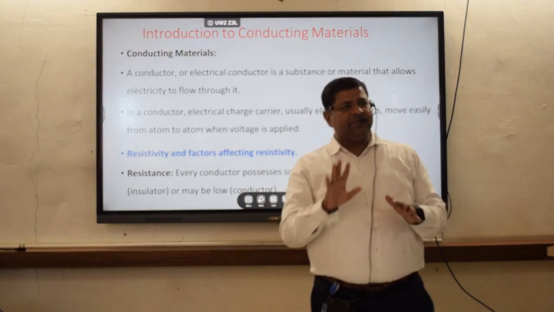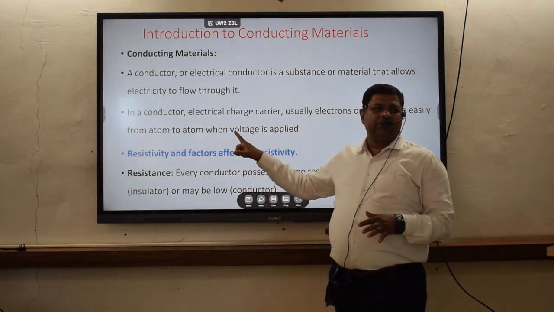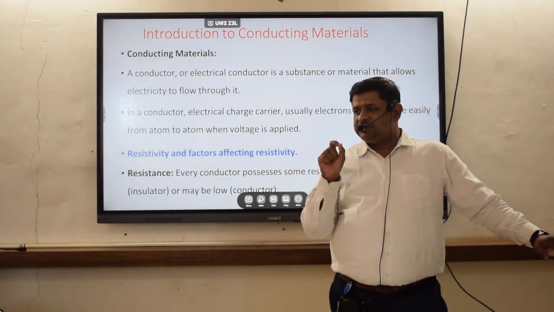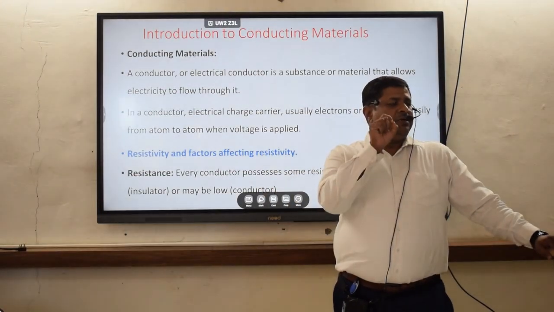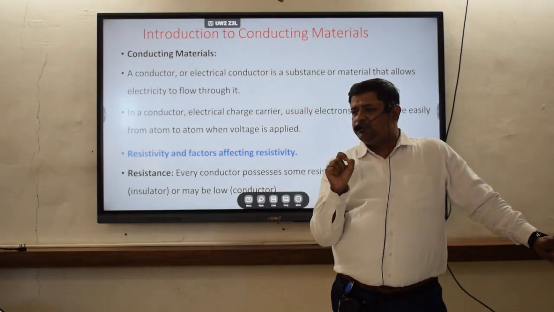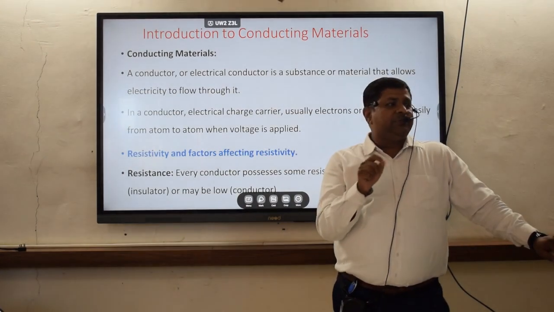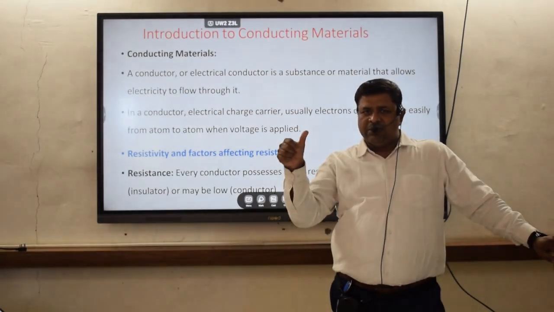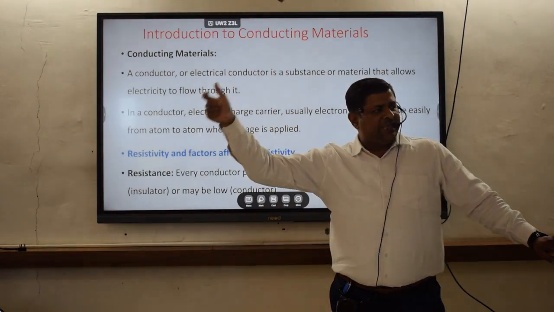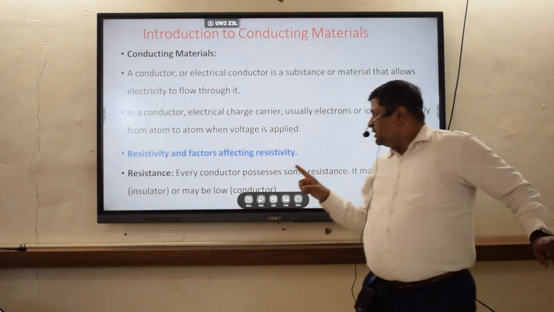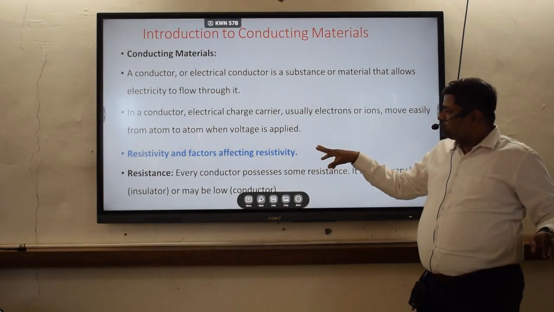This is the basic mechanism behind electrical conductivity. The electronic and ionic structure present in the material is responsible for the transfer of current from atom to atom, when we apply the voltage to that material.